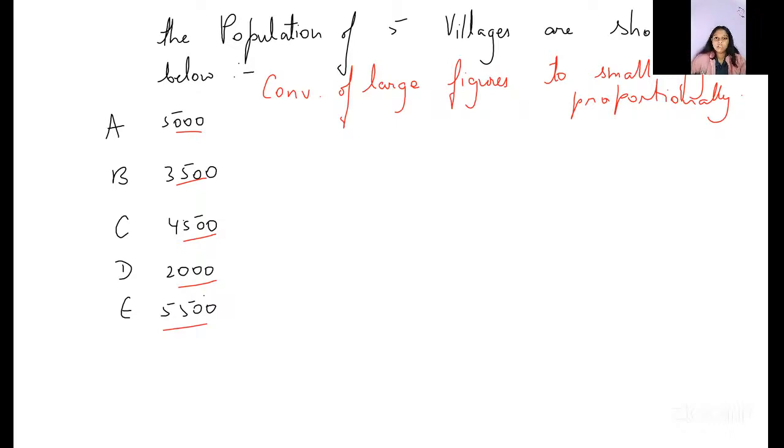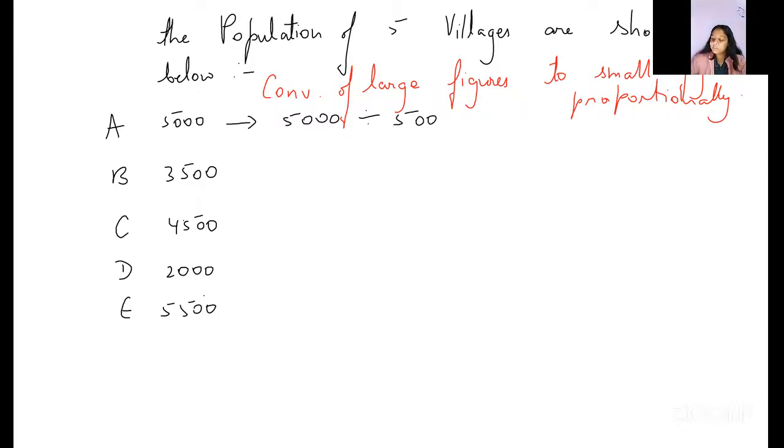All right. So for village A, the height will be what? For my village A, the height will become 5,000 divided by 500.